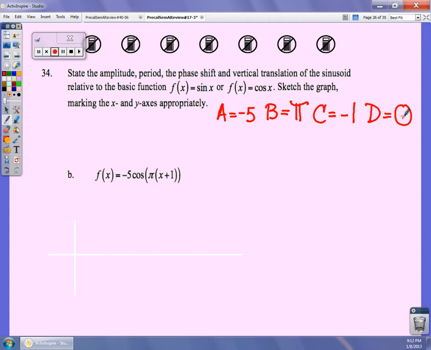Now, from these, we will get our maximum, our midline, our minimum, and our period, so that we are able to graph.